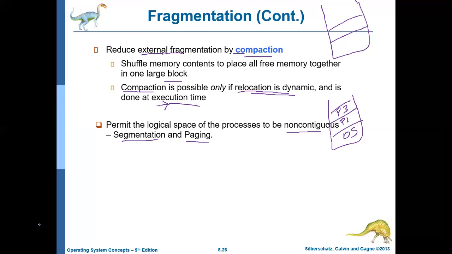If binding is done at compile time or load time, then compaction is not possible. There is another way to avoid this, that is by allowing the process to be allocated in memory in a non-contiguous style. Under that, we'll be discussing two techniques, segmentation and paging. That's what the rest of the topic will be. Fine, let us stop here. Thank you.